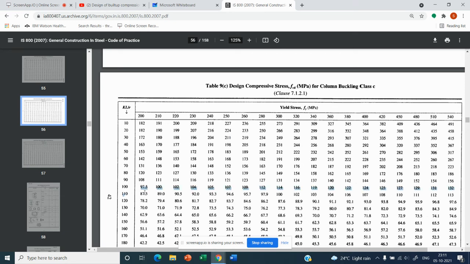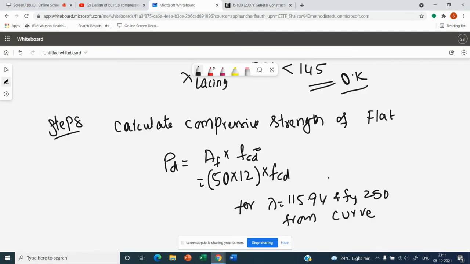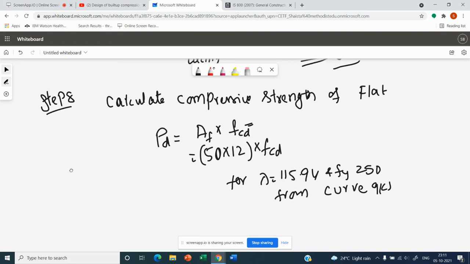So it is something between 94.6 and 83.7. In between these two, if you interpolate, because our lambda value is 115.94, it will lie in between these two. So after interpolation from buckling curve 9C, we get the value of fcd.